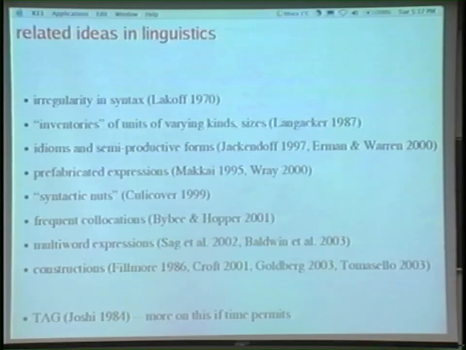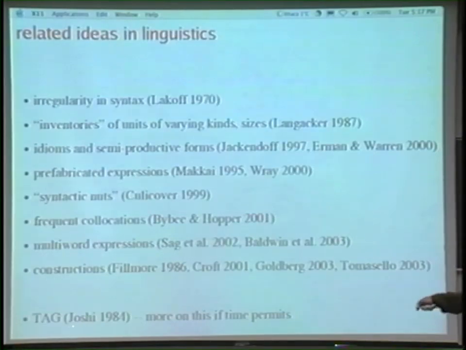So we have Langacker writing about inventories of units, Jackendoff, certainly in '97, certainly more recently in 2002: idioms and semi-productive forms, prefabricated expressions, syntactic knots, frequent collocations, multi-word expressions, constructions.